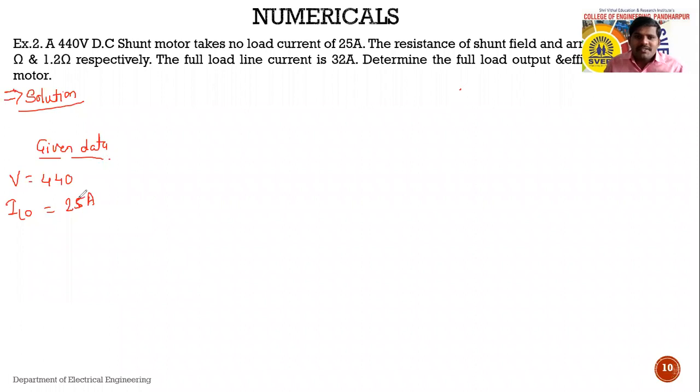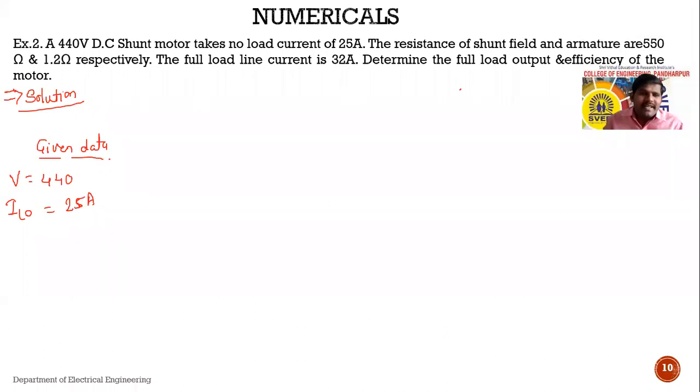The resistance of shunt field and armature. The shunt field winding resistance and armature resistance are given. First one is the shunt field winding resistance, that is RSH, equal to 550, and RA, the armature resistance, is equal to 1.2 ohm.